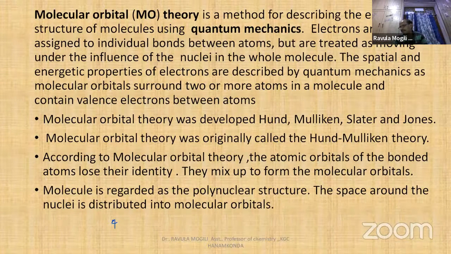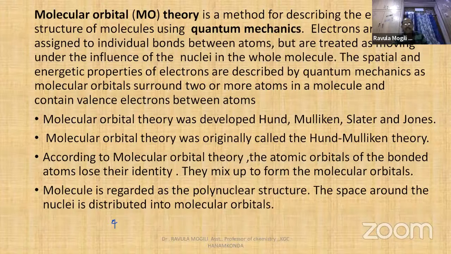The electrons influence all the nuclei in a molecule. The spatial and energetic properties of electrons are described by quantum mechanics as molecular orbitals. They surround two or more atoms in a molecule and contain valence electrons between atoms.